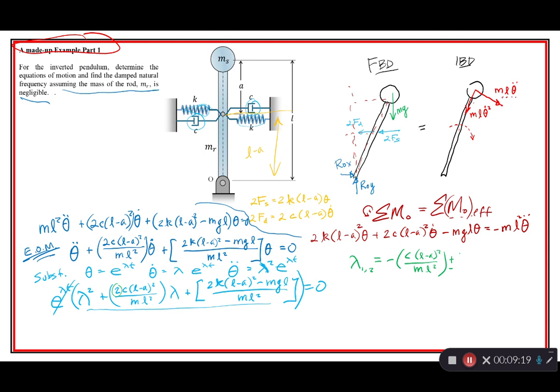So I'm going to go square root. I'll try to fit it in. It's going to be tight. Ooh, that 2 shouldn't be there. That other 2 would have been the same one as this. So c(L minus a) squared over mL squared, and then that's squared, minus 2k(L minus a) squared minus, right on the margin, mgL, and over mL squared.